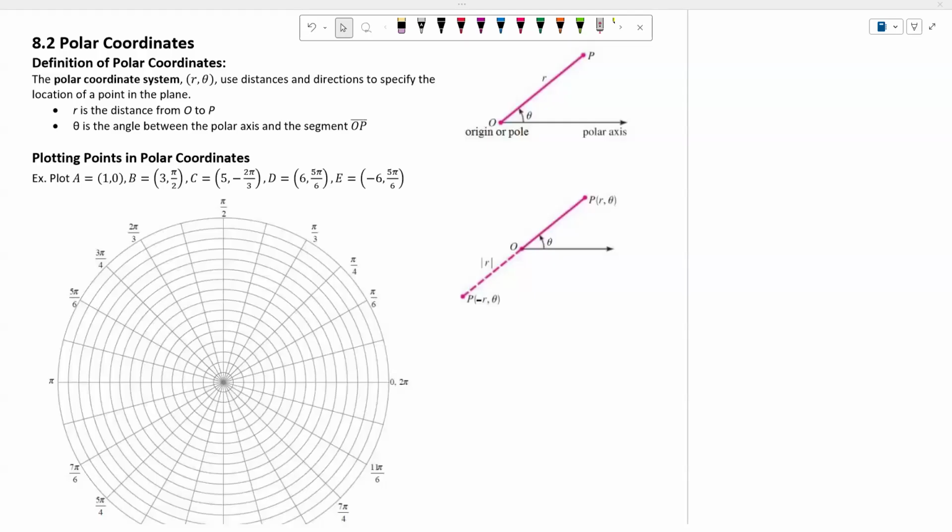Hi, in this video, we will talk about the polar coordinate system. The system that we are using, we call this the Cartesian system. In the Cartesian system, usually we locate a point, for example, like (4, 3).